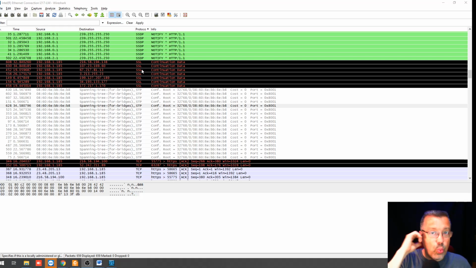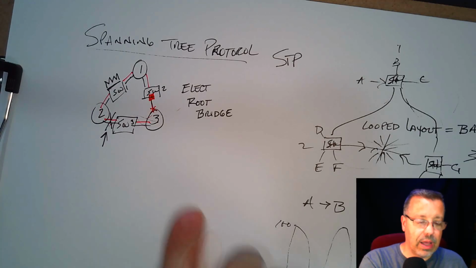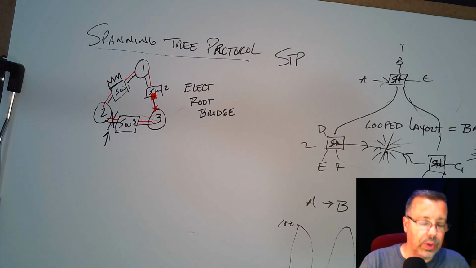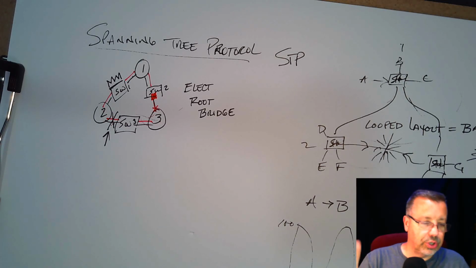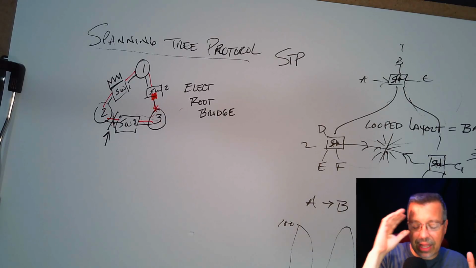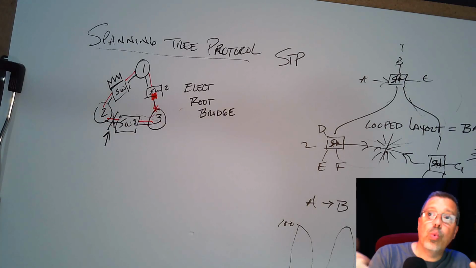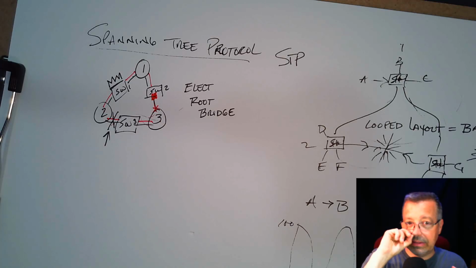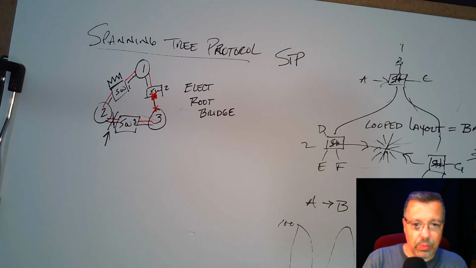We worked on this for an hour or two, and it should be easy. We know it can't be a loop layout because we're using spanning tree on our network. We can't figure out what it is. It was a little embarrassing, but in a way it was good, because we were looking at these Wireshark scans day to day in Net Essentials, talking about what it could be and couldn't be and why.